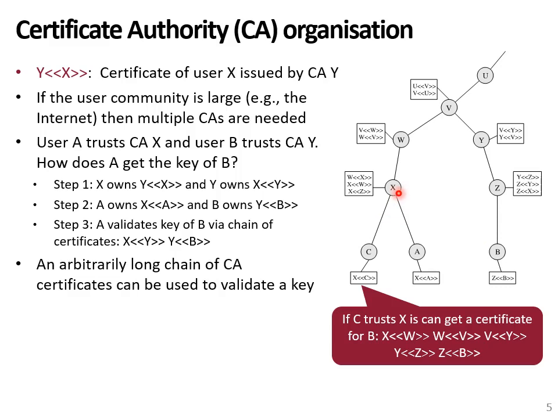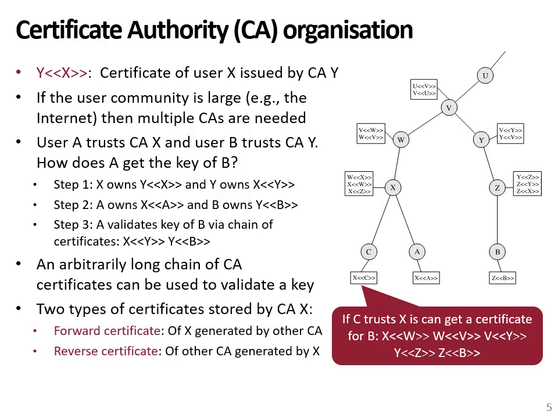Because C trusts X, X trusts W, W trusts V, V trusts Y, Y trusts Z, and Z trusts B. And this creates a chain, as you can see here, of certificates to denote trusts within this hierarchical organization.